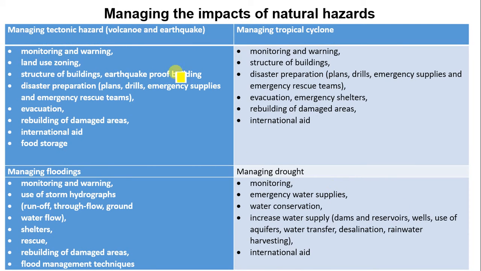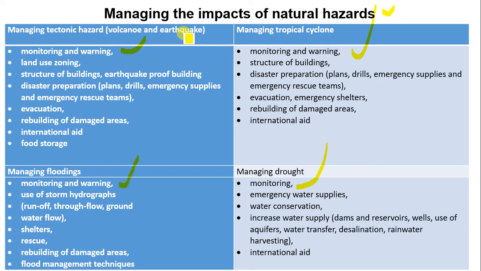So how do you manage the impact of these natural hazards? If you look at all the four natural hazards we've looked at so far, all have what? Monitoring and warning. Monitoring and warning is one method to manage the impact of hazards.